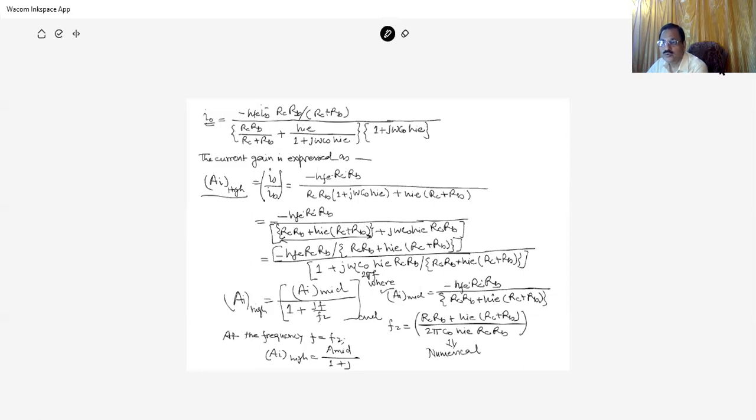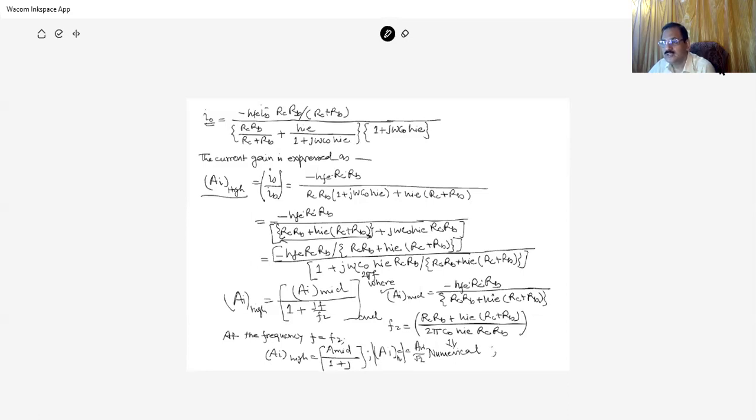So this part is the argument. So again, this is the mid frequency, and if we want the amplitude part, AI high is the modulus value of this. This modulus value is A mid by under root 2.